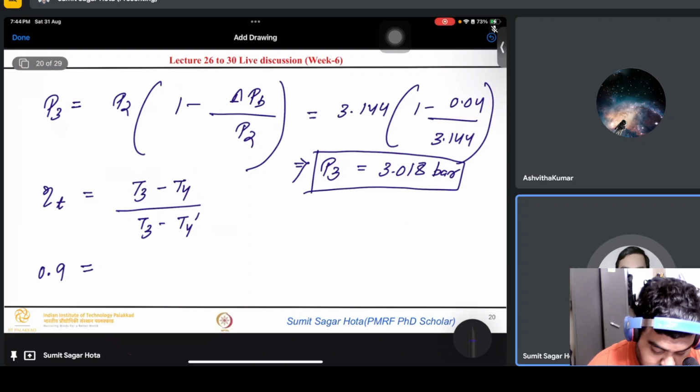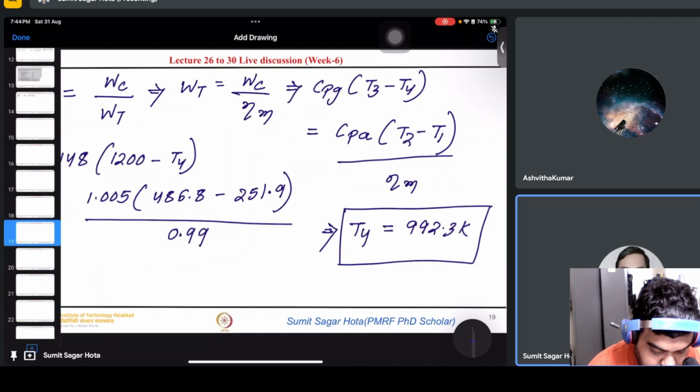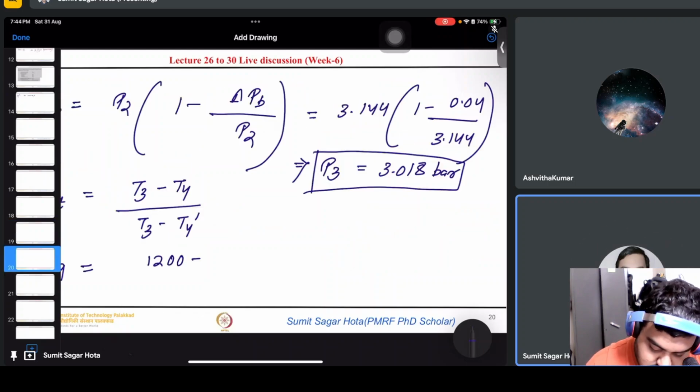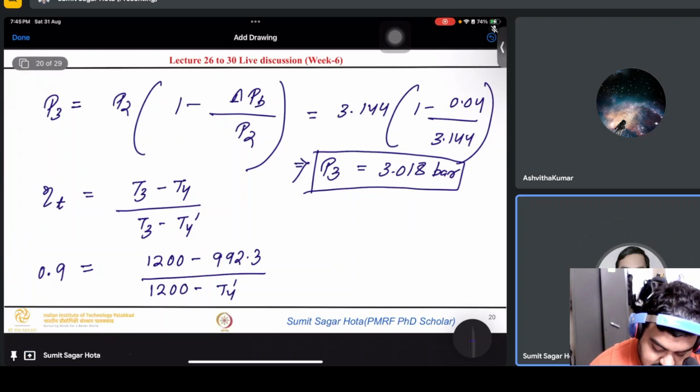So 0.9 is equal to, what is T3? 1200 Kelvin. What is T4? Where did we calculate it? Yes, you can see T4 is 992.3 Kelvin, divided by 1200 minus T4 dash.